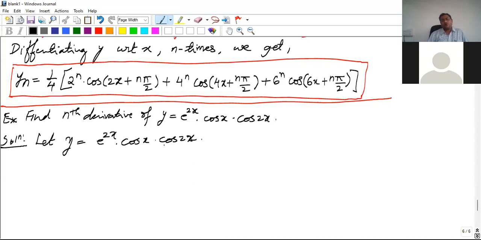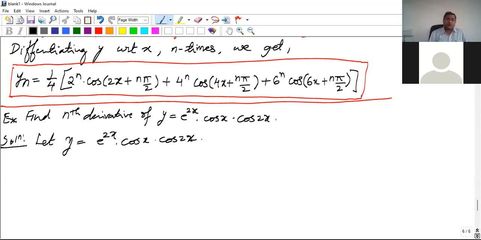Now we know the formula for e raised to ax into cos of bx plus c, but we don't know the formula for the product of 3 functions. So, as we did in the previous example, we express the product as a sum or difference.